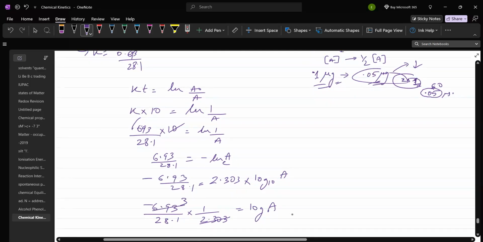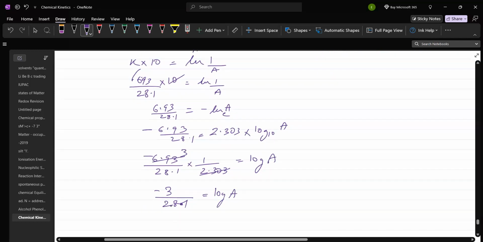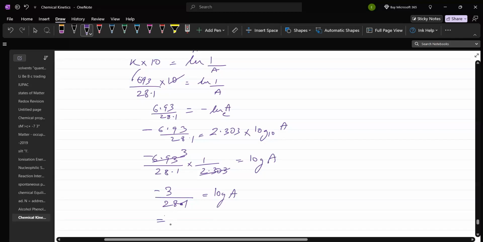Now we will solve this: minus 3 upon 28.1 is equal to log a. Now when you divide this, a will be 10 to the power of minus 3 upon 28.1.